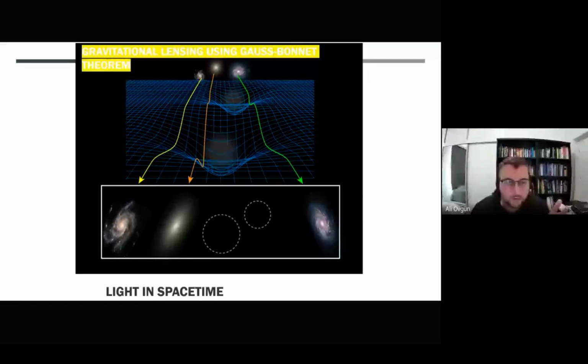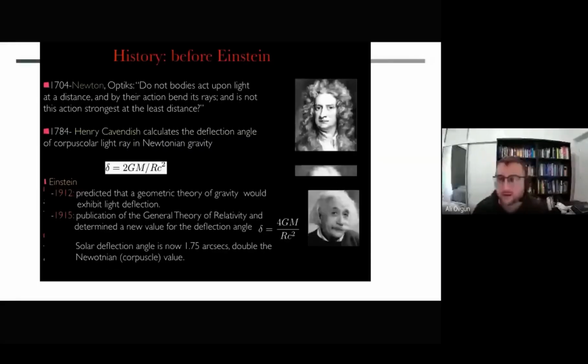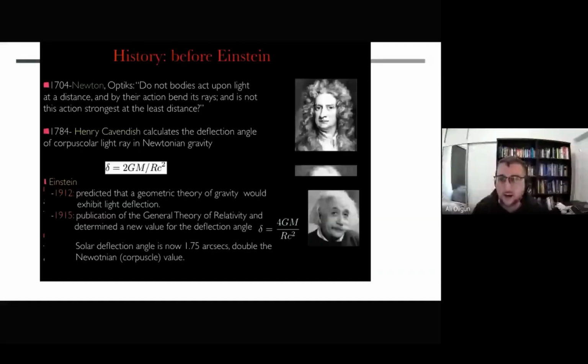Firstly, gravitational lensing was proposed by Soldner in the context of Newtonian theory, and he found the deflection angle with the Cavendish value, 2GM over rc squared. Then Freundlich made an effort to measure this during an eclipse in the Crimea in wartime, and he was arrested by the Russians.